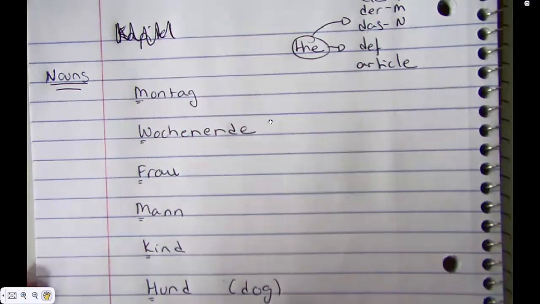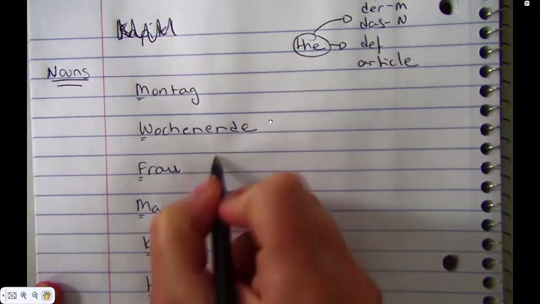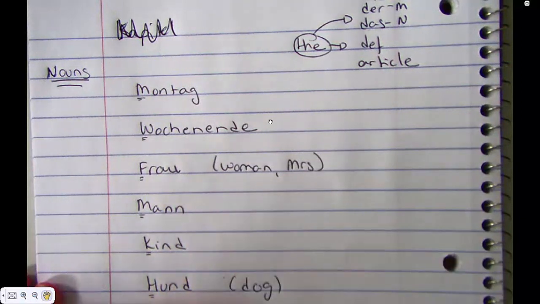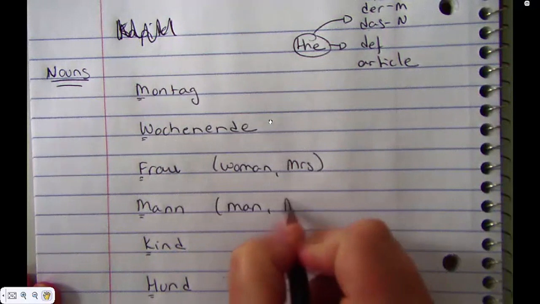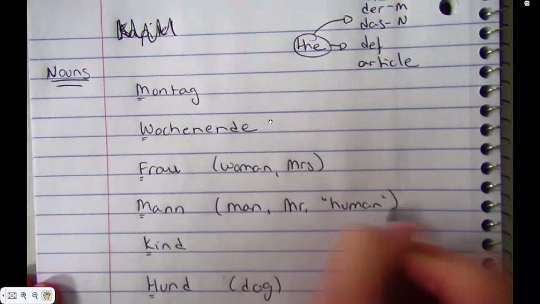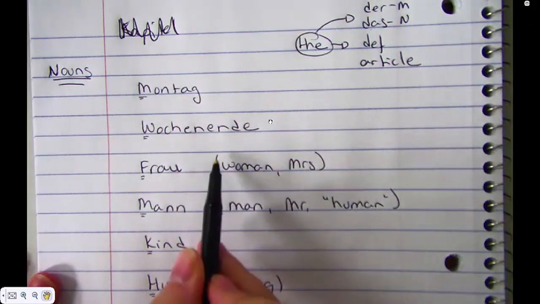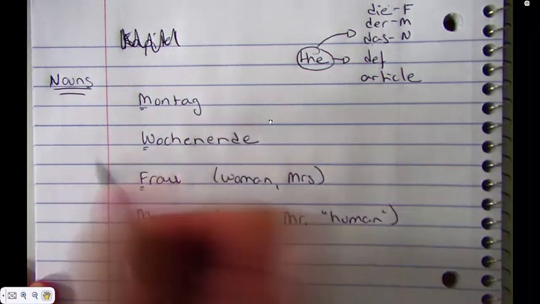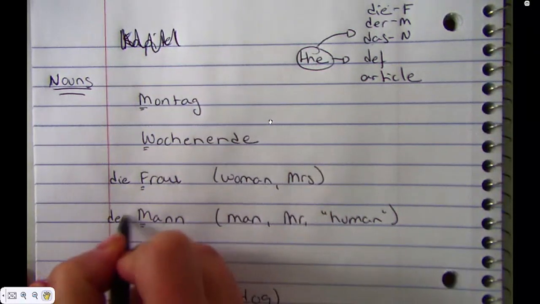That's not that hard yet. If I have a word like Frau, which means woman, or Miss, Mrs. really, and Mann, which means man, Mr., sometimes human, not always, it depends on the context. If I have these two, it's pretty easy to pick the right gender. So Frau is going to be die, and Mann is going to be der.